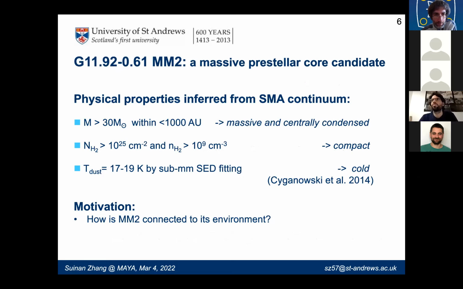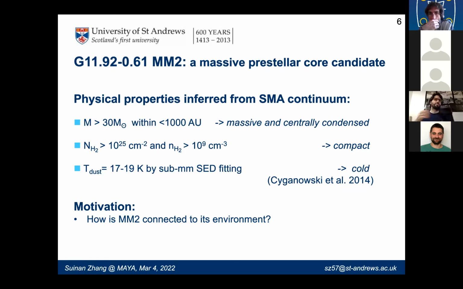MM2 contains more than 30 solar masses within the central 1000 AU, and the column density is above 10^25. The number density is above 10^9. The dust temperature inferred from SED fitting is between 17 and 19 Kelvin. These properties show MM2 is massive, centrally condensed, compact, and cold, which means it is probably a massive prestellar core.